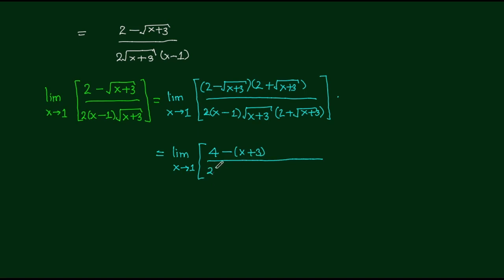So we have x inside this bracket, and we multiply it by root x plus 3, and then also by the conjugate of the numerator, x plus 3 under root.